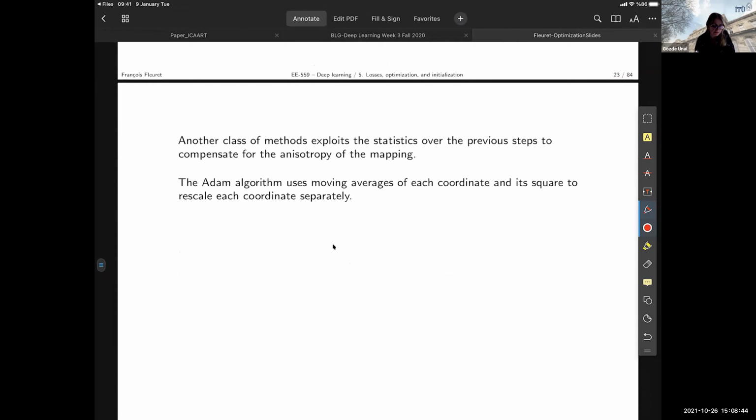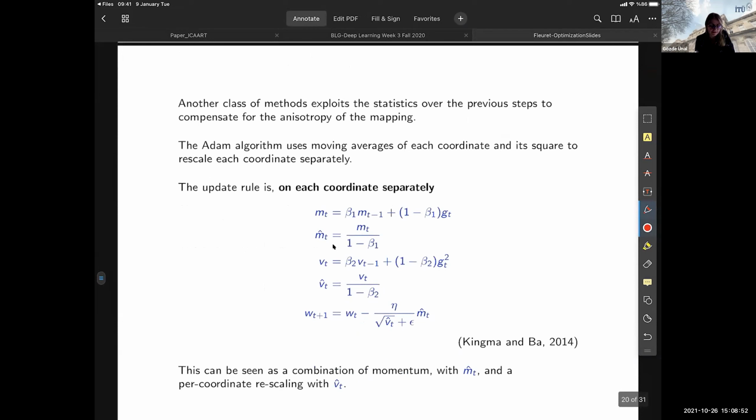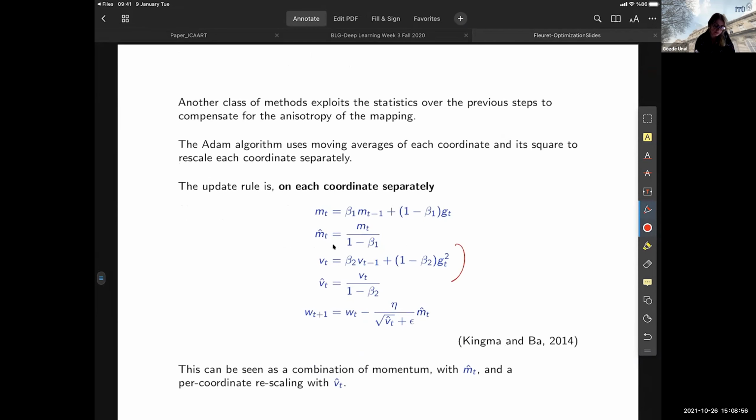Adam uses moving averages of each coordinate or gradient and its square. This is Adam. We've been through this. Now we have the squared gradients. I've even shown you further things than Adam, like AdaBelief, which is, for instance, adding a centered gradient.